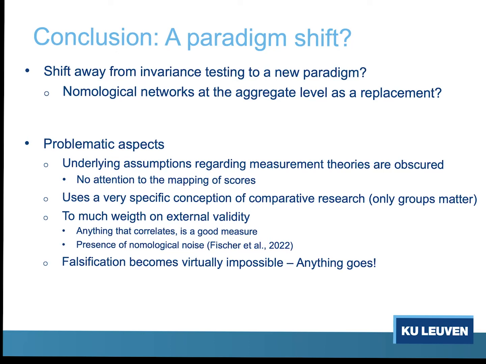All kinds of other method factors can creep in. And if you use that logic, then you're bound to conclude that everything that correlates with something else is a good measure. So you could say that it makes falsification more difficult. It becomes virtually impossible. And I'm afraid if you put too much emphasis on this, then you end up in a situation where anything goes, that you can't really distinguish between comparable measures and incomparable measures.